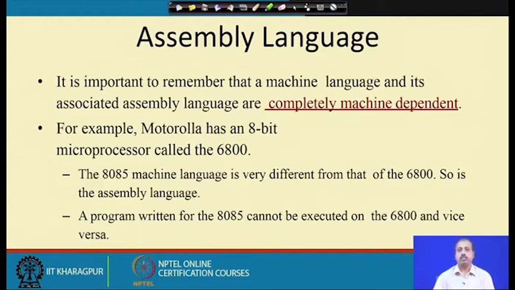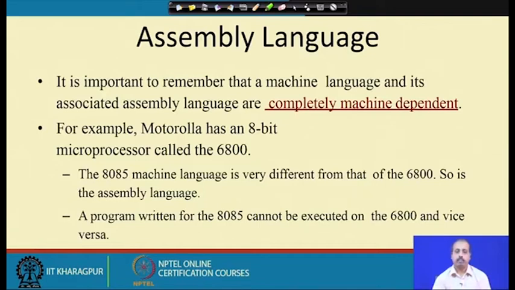So, normally we learn programming in a high level language and then use some tool by which the program is translated to machine language, or it can also be translated to assembly language. If you look into any C compiler, normally it has an option to keep the assembly version of the translated program.